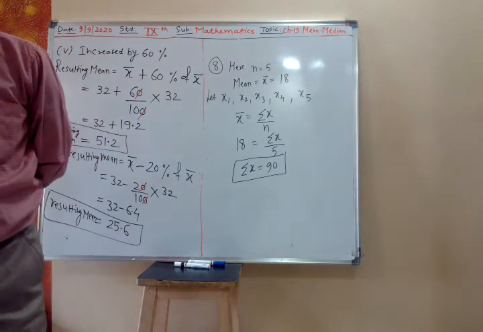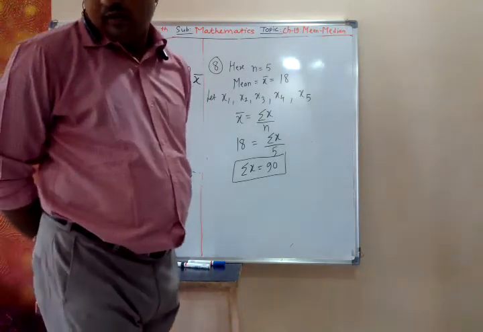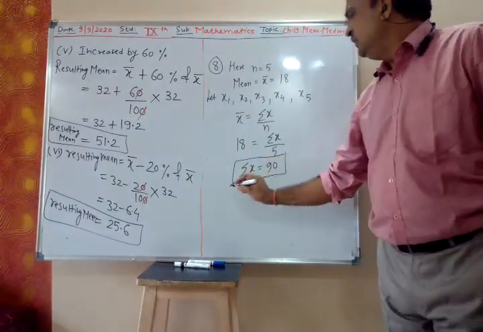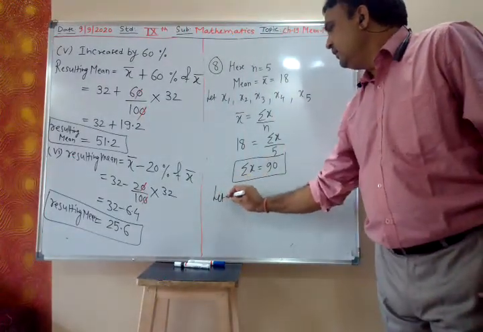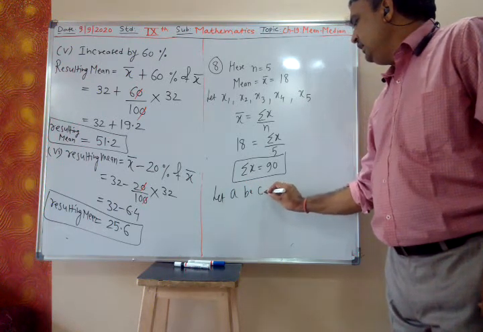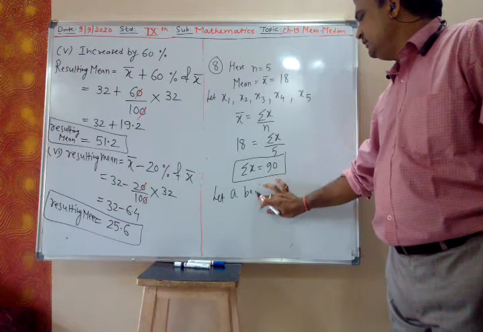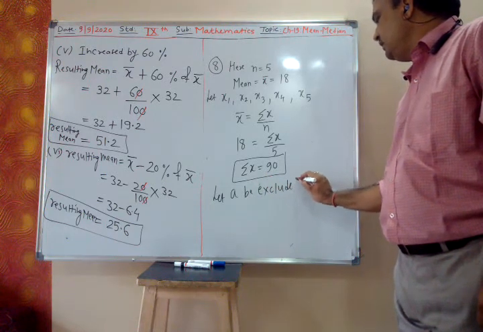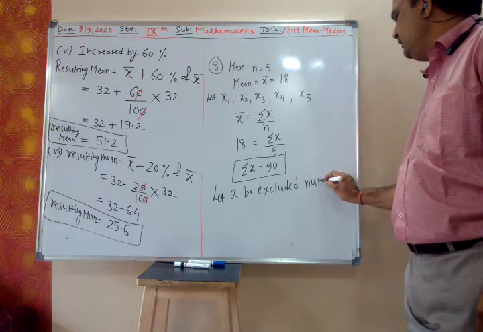Now we want to exclude the number. So now we write let A be excluded. Excluded means you have to remove.